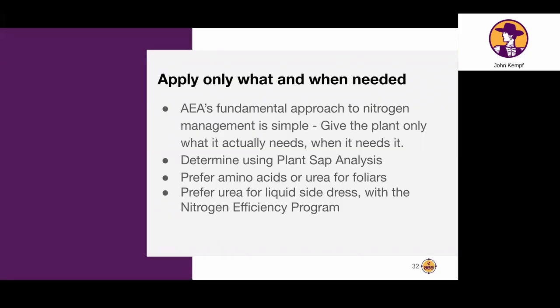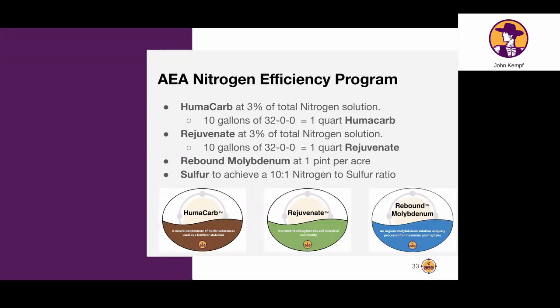For foliar applications, we prefer amino acids or low biurea. And for side dress, if we're in a situation where we do need to side dress, our preference is urea, and include with the urea the nitrogen efficiency program, which many of you have heard me talk about. The nitrogen efficiency program is essentially these three pieces with sulfur.